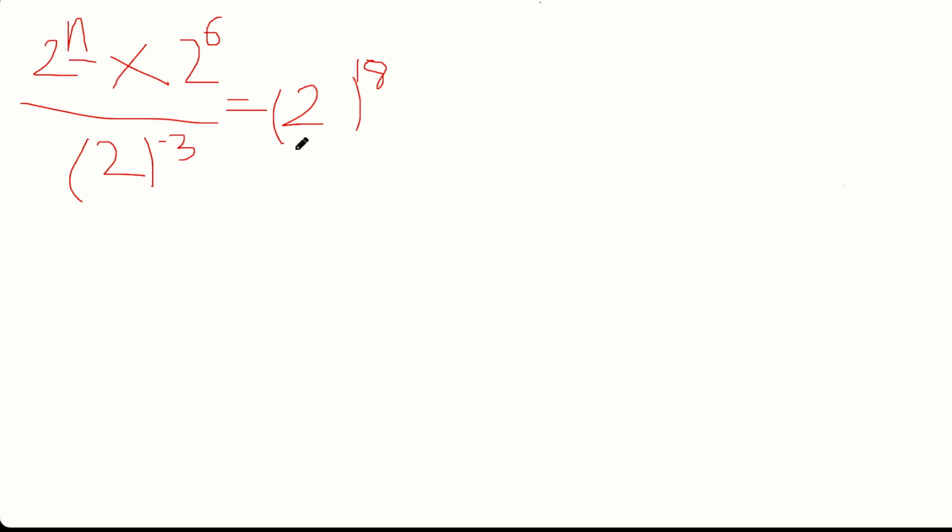Now in the first step, since 2 raised to power minus 3 is divided, I will take this to the right hand side. As it is divided, when the side is changed it will be multiplied.